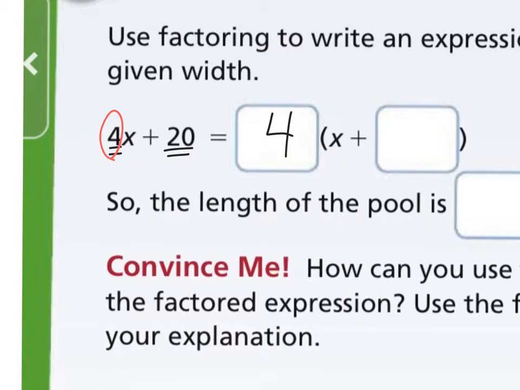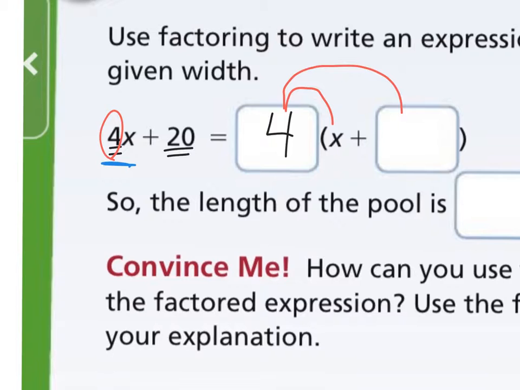So if we factor this 4 out, this is the reverse of distributing. It's not a word, but "undistributing," maybe we could call this. No, factoring is really the name for it. But so 4 times x, does that give me 4x? Yes? Okay. And then the next part is, the question is 4 times what that's going to give me 20, which would be 5.